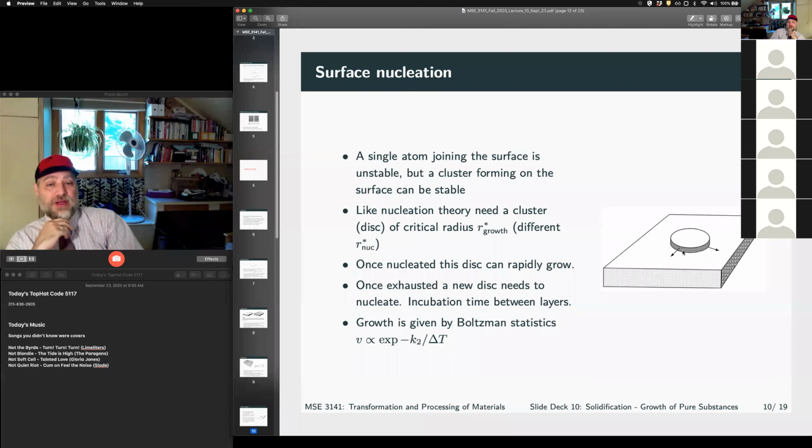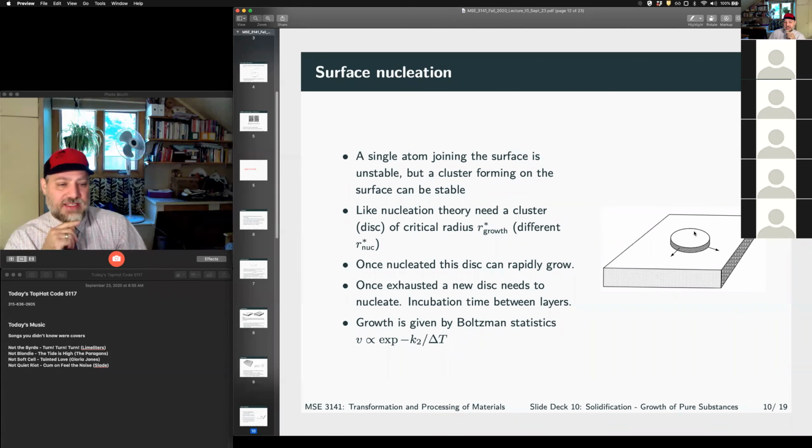right? But we know from nucleation theory that we can make a stable nucleus if we exceed some critical radius, right? So obviously nucleating a small cluster on an already existing surface is different than nucleating a spherical cluster homogeneously in the middle of a liquid, right?